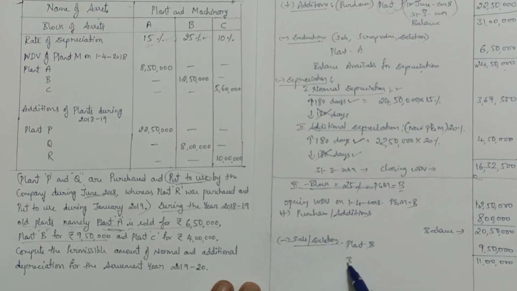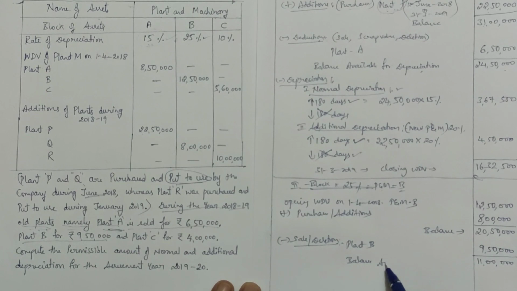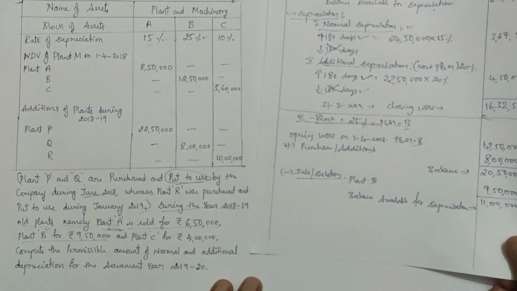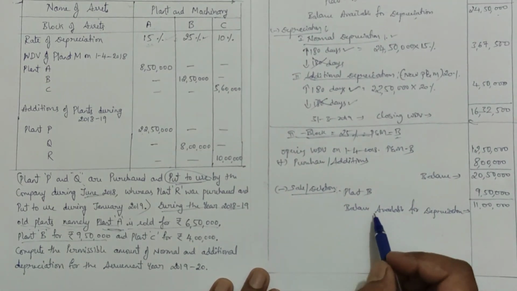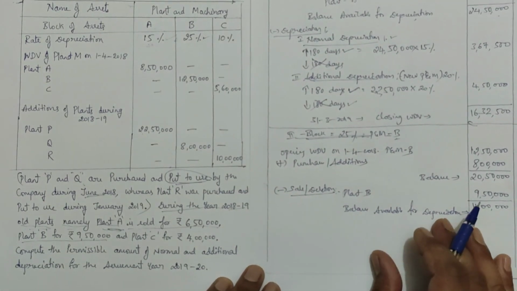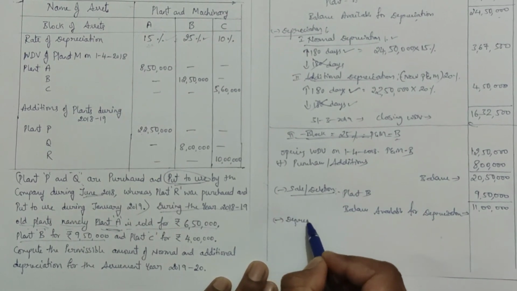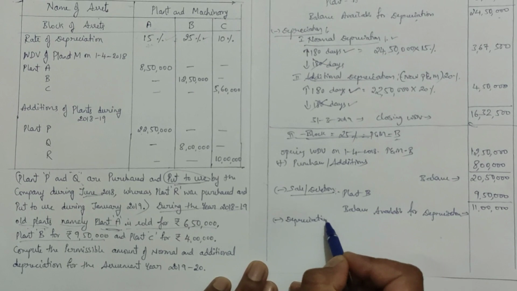So this is the balance available for depreciation. Correct. So now, after getting the balance available for depreciation, what we need to do next is all about calculation of depreciation.